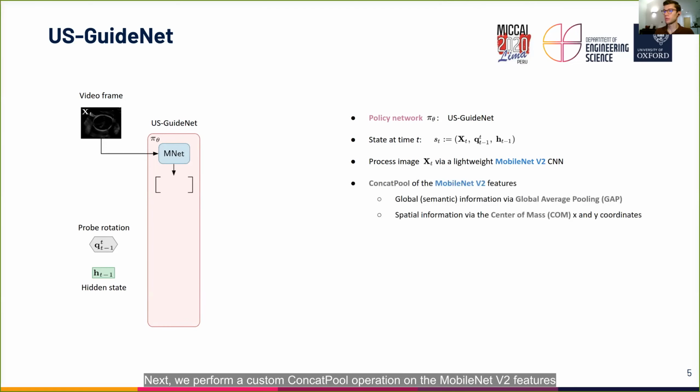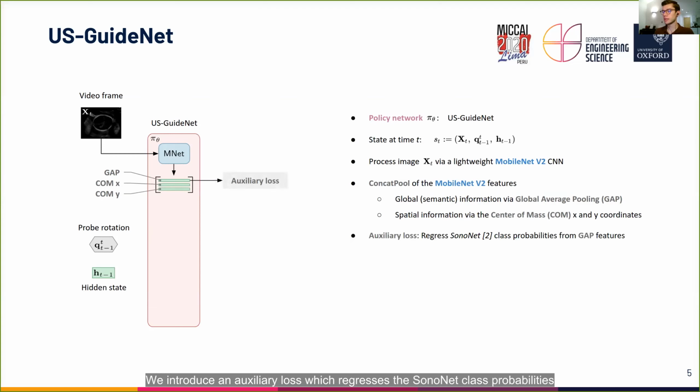Next, we perform a custom concat-pool operation on the MobileNet V2 features, which extracts global information via global average pooling and spatial information via the x and y coordinates of the center of mass. We introduce an auxiliary loss, which regresses the SonoNet class probabilities from the global average pool features, where the SonoNet is a previously proposed network that can classify ultrasound images.